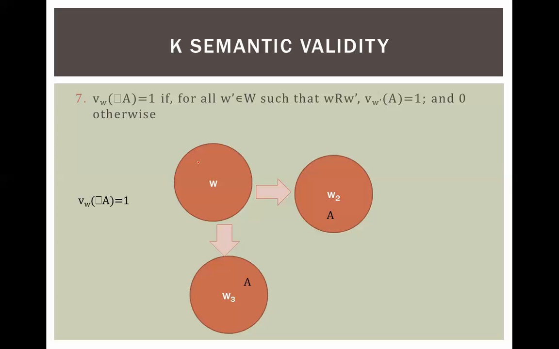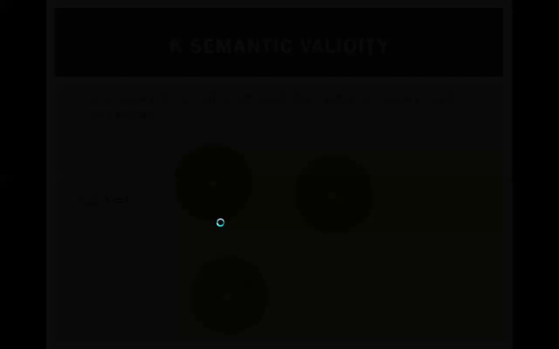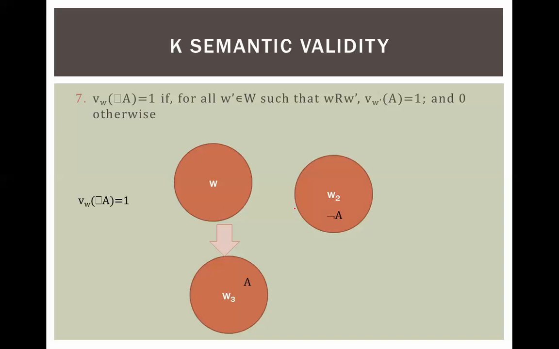It doesn't matter because W doesn't access itself in this picture. So necessarily A can be true even if A isn't true in W. You're just worried about the worlds that W can access. Is A true in those worlds? Here you have A being false in a world, but since W doesn't access that world, you're not worried about it. You're worried about all the worlds that W accesses. Is A true in all those worlds?